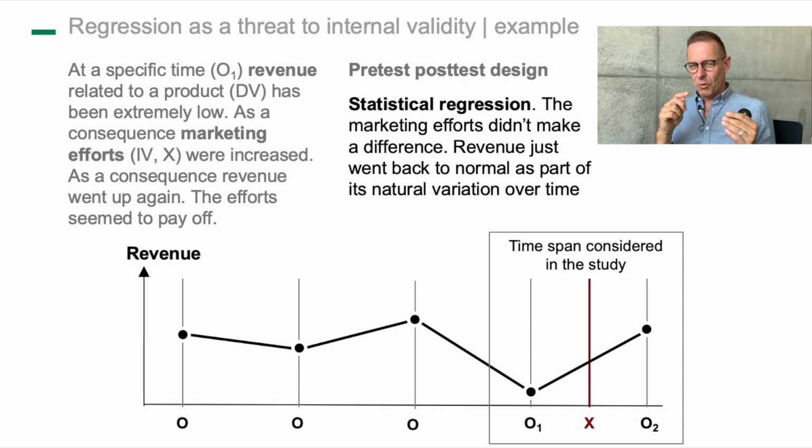So when you have a very extreme situation, the probability is very high that one quarter later, or in the next occasion, or one year later, the value is not as high as it was previously. So things naturally go back to normal, to put it more simply.